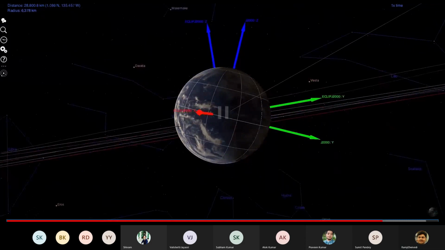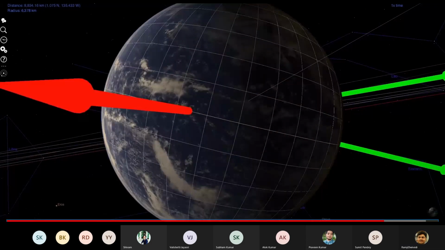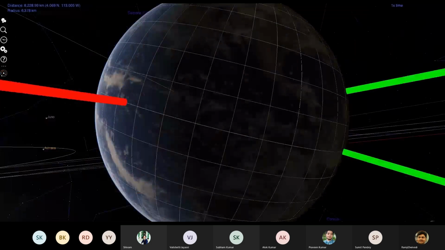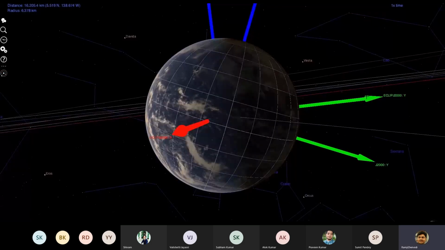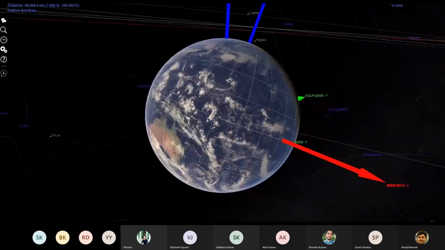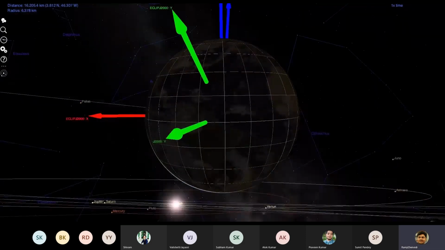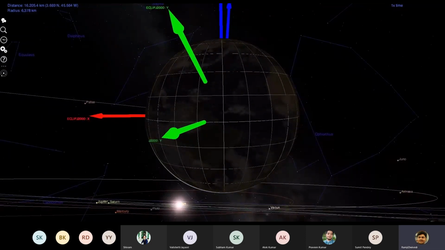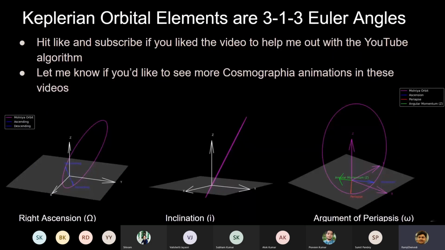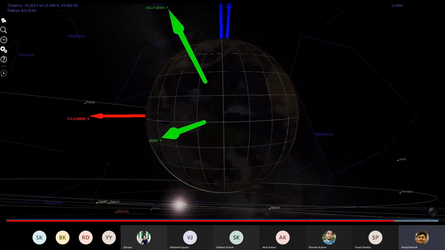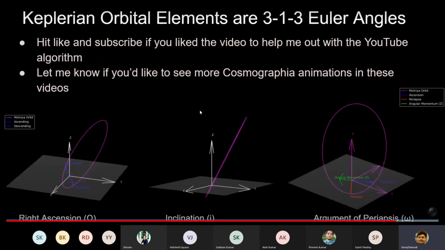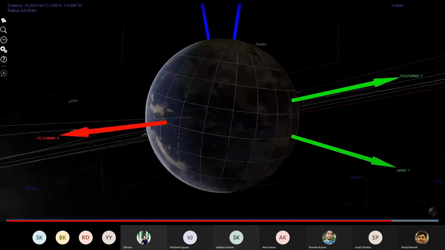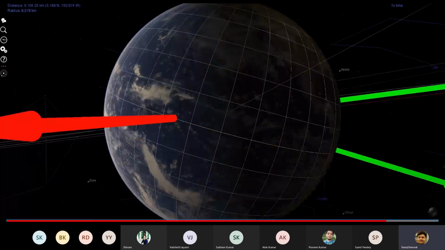You see your ecliptic plane and the Earth-centered inertial frame, or the equator, are having some deviation.